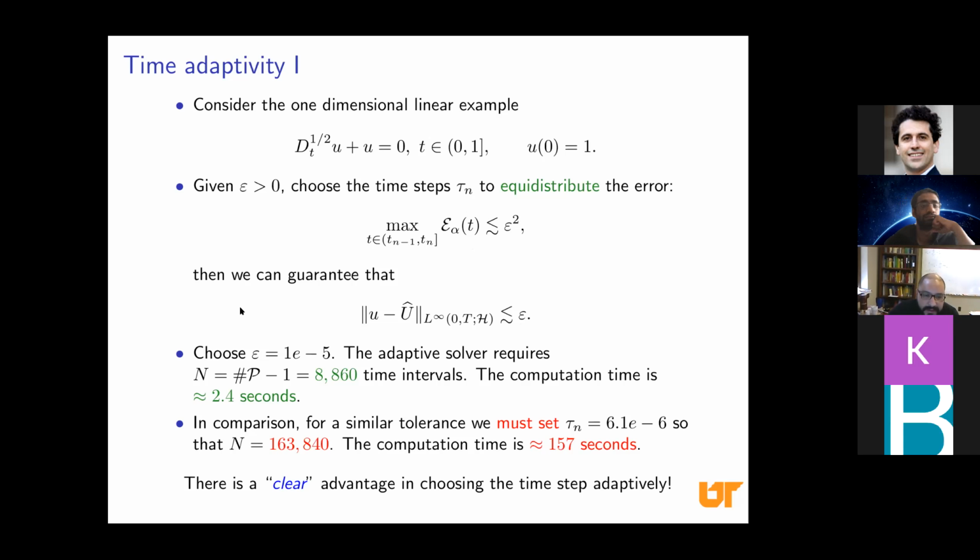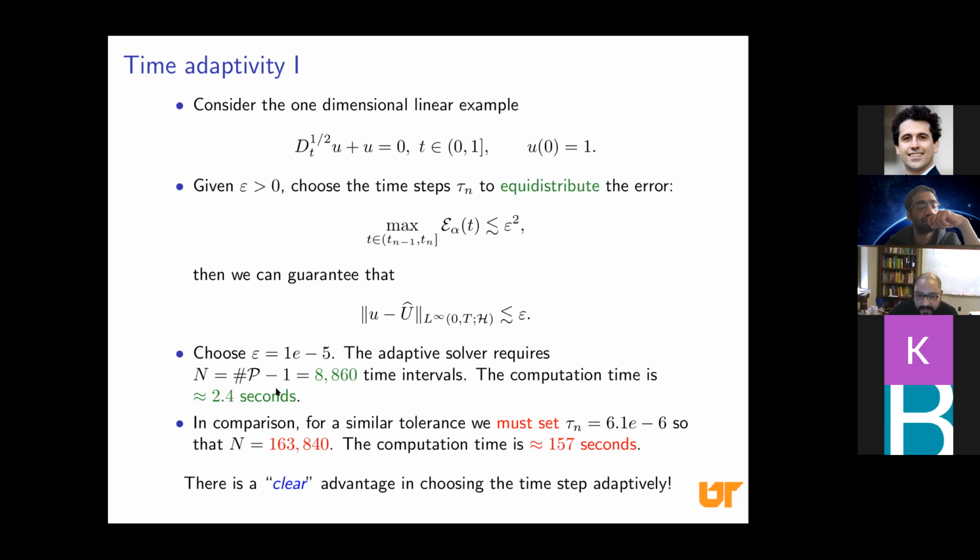Just for illustration, let's say that I take some tolerance to be 10 to the negative 5. I run this strategy. Then my adaptive solver is going to need about 9,000 time intervals, and it gets done in 2.5 seconds.